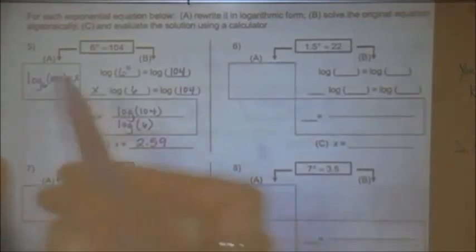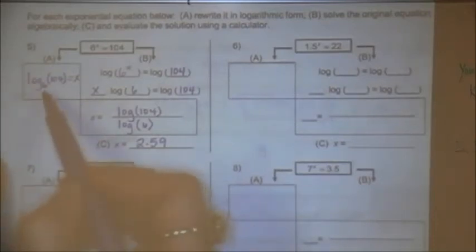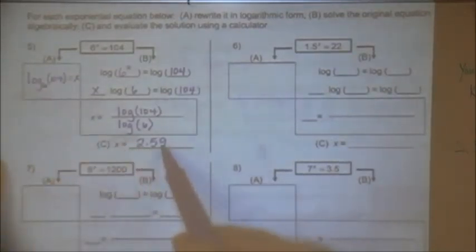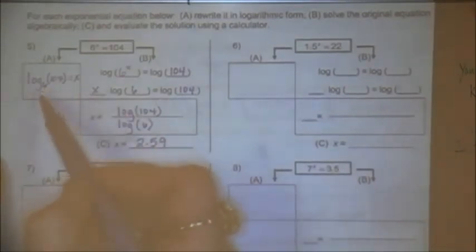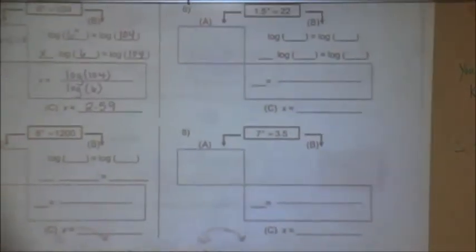Now if, when I had rewritten this logarithm, it was log base 10 of something, I could have just plugged it in my calculator and it would have given me this. But it's log base 6, so that won't work. That's why I have to go through all of this process. So go ahead and do 6, 7, and 8.